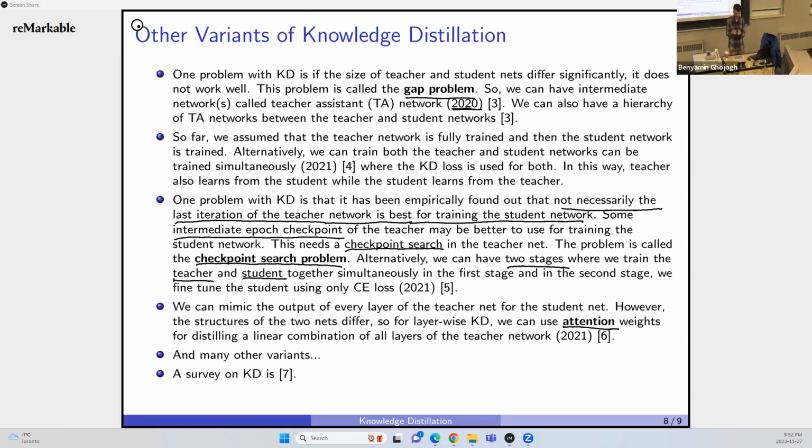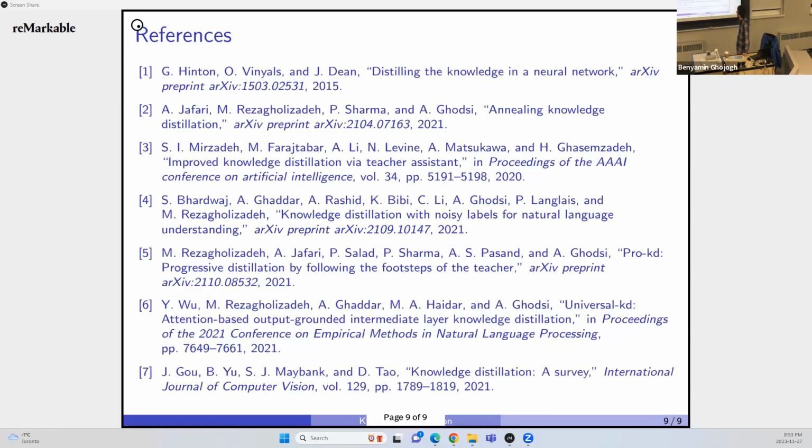I can calculate the attentional, the weighted difference or weighted similarity of every layer of this student with all layers of the teacher. So I can use attention, which was weighted linear combination. It's very interesting. We have a survey on knowledge distillation. And these are the references.